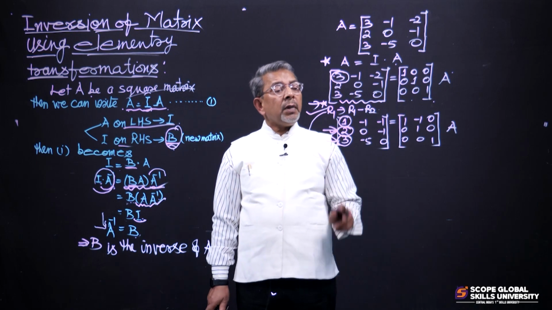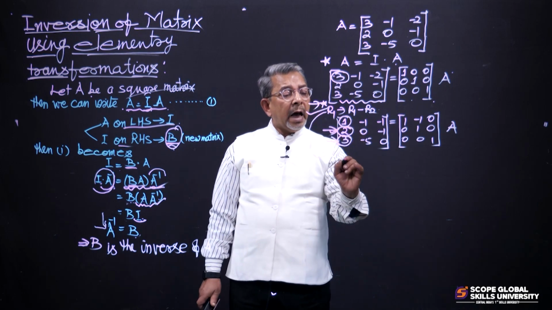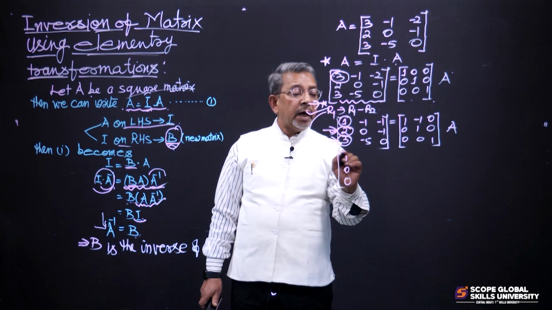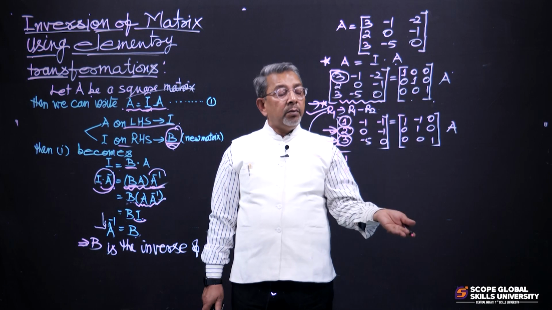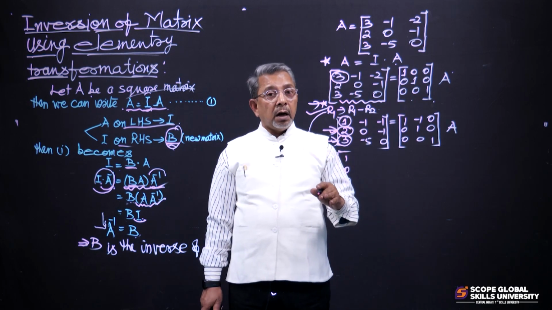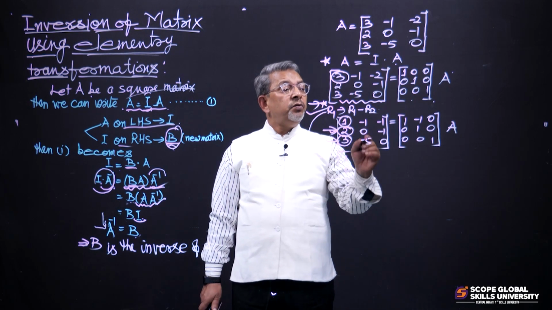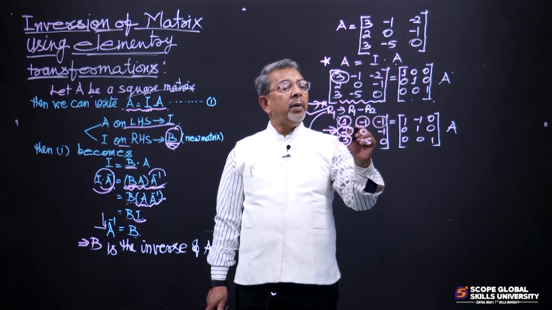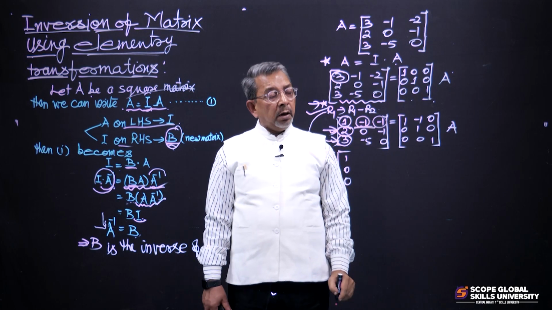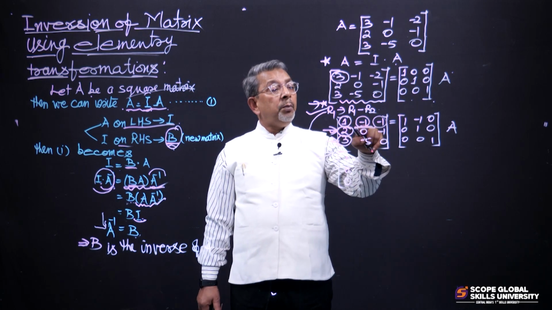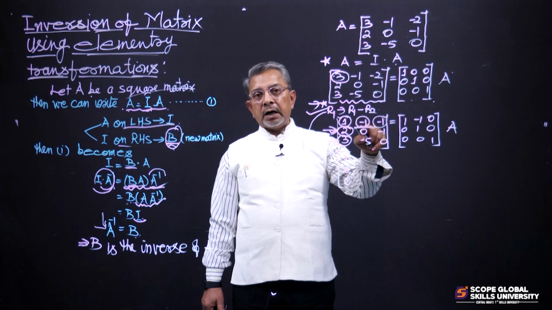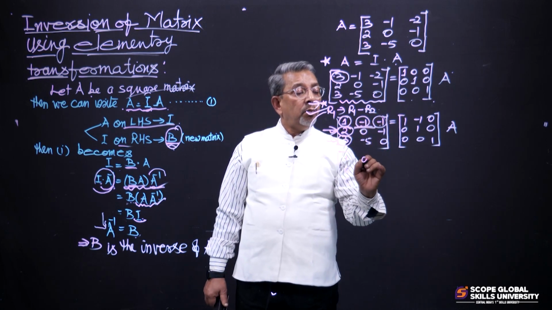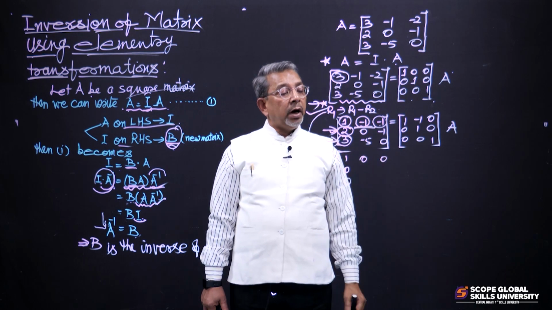Now if we get this as 1 0 0, then next we will utilize operations which will reduce the second and third elements of the first row, that means the element in the first row second column and the element in the first row third column, to 0 and 0.